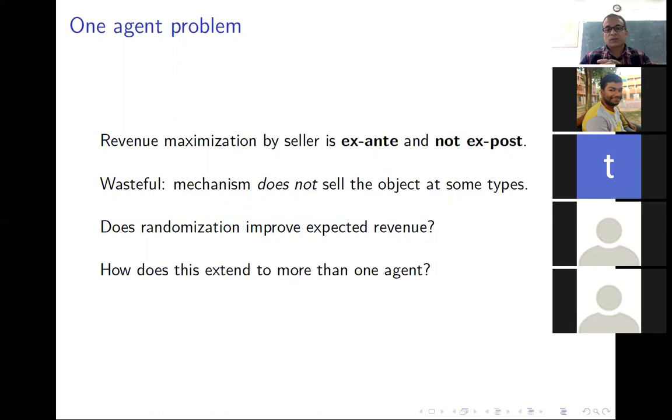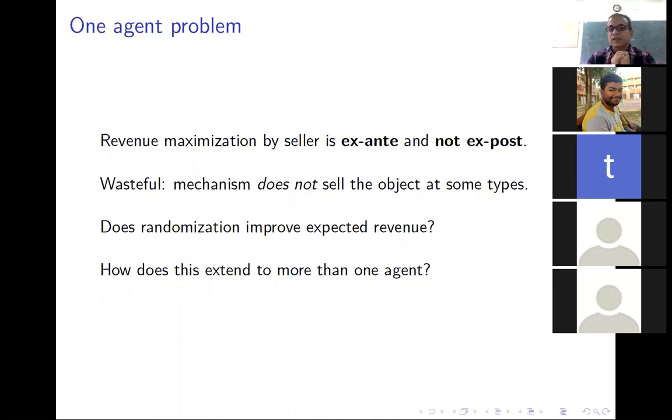It's not clear that we can find a mechanism which will maximize revenue at every possible type. What we are doing here is, before the seller enters the mechanism, he's choosing between all mechanisms, and he's trying to see which one will maximize his ex ante expected revenue.